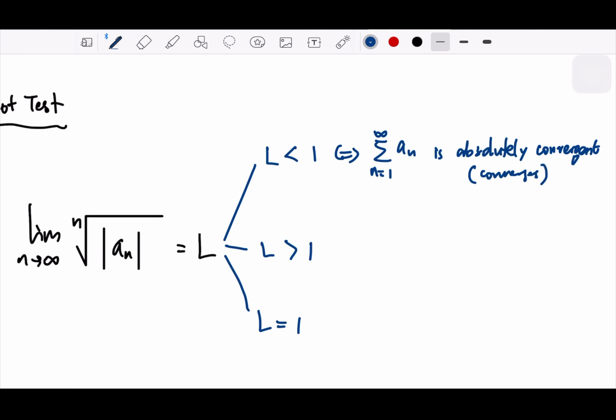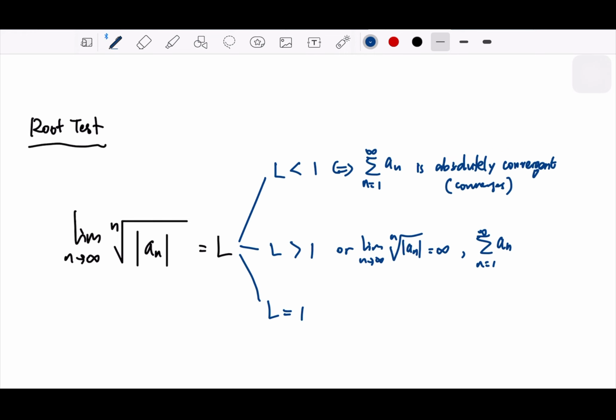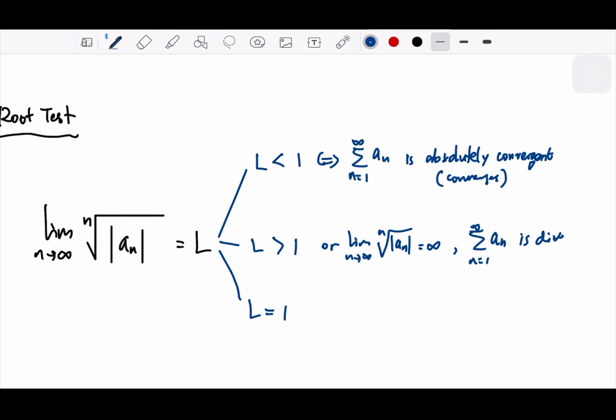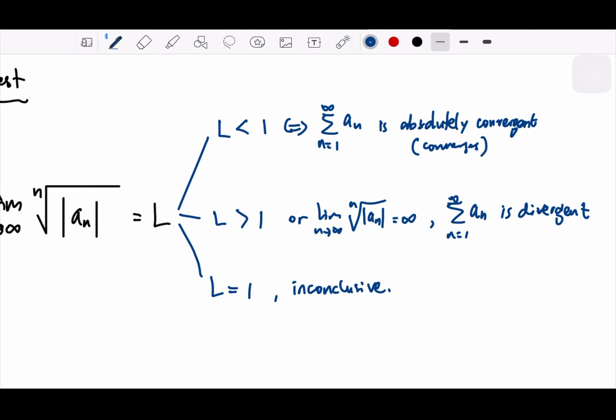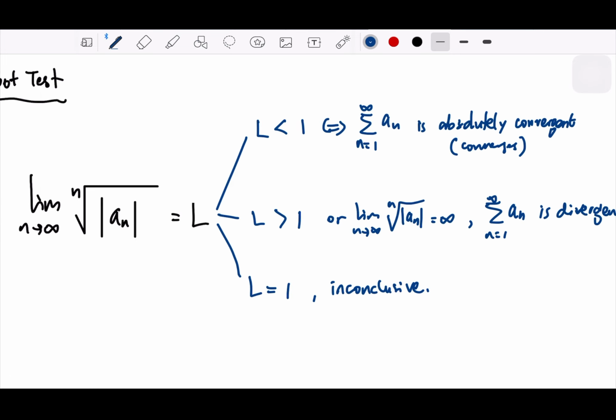If it is greater than 1, or the limit does not exist, then the series is divergent. And if it equals 1, it's inconclusive.